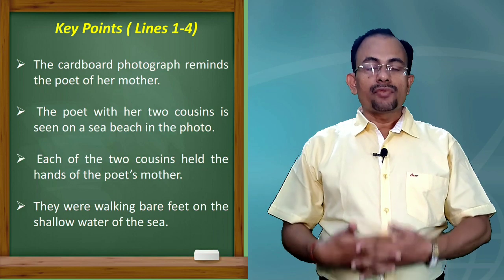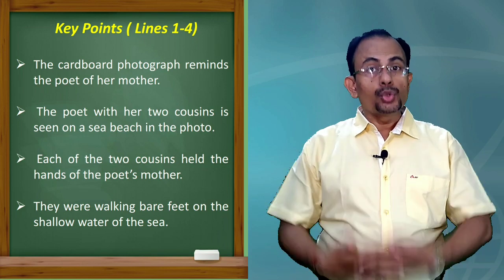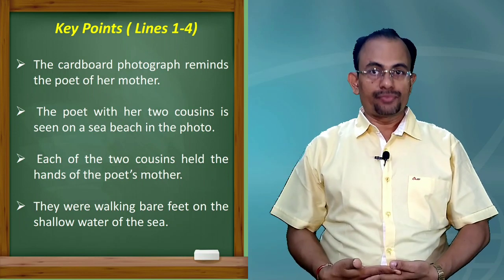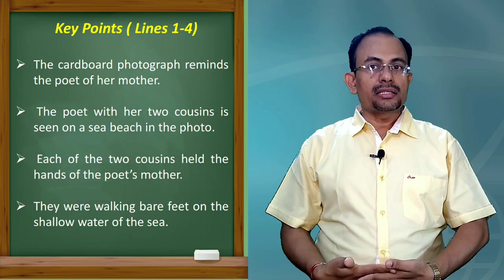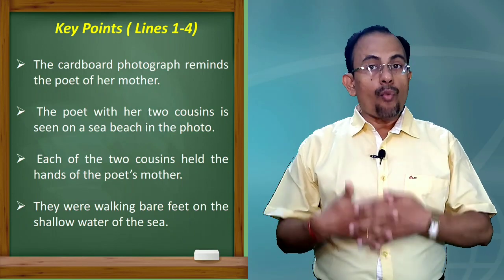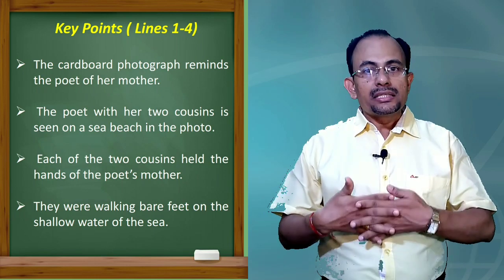She is feeling very sad. The beach scene of the poet's mother with her two cousins for water sport is displayed in the photograph. Each of the cousins was holding the hand of her mother. They were walking barefoot on the shallow water of the sea.